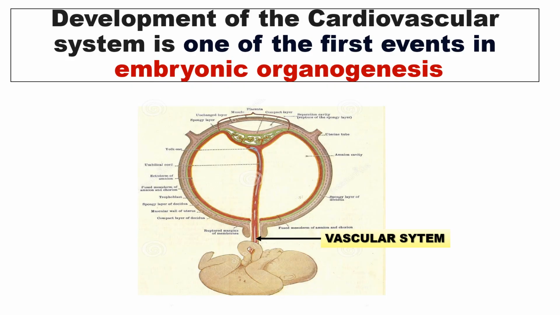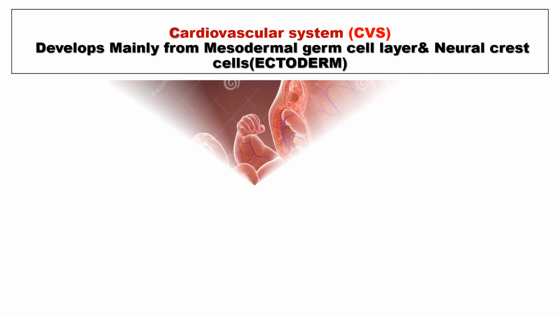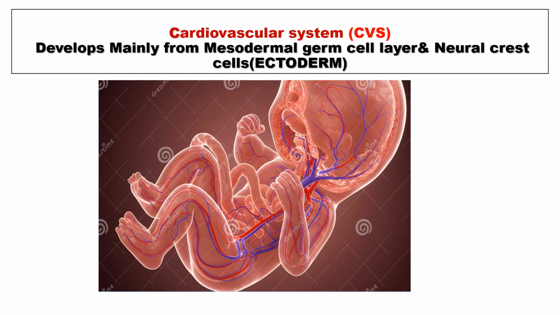Development of the cardiovascular system is one of the first events in embryonic organogenesis. The cardiovascular system develops mainly from the mesodermal germ cell layer and neural crest cells, which are derived from ectoderm.